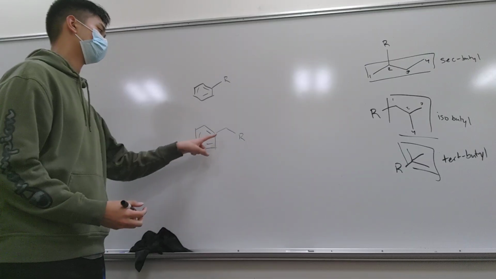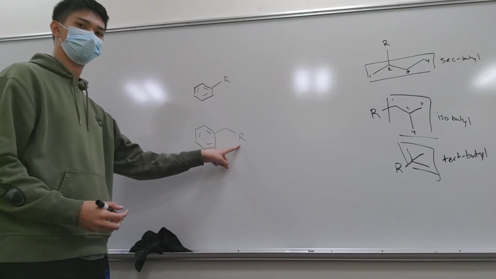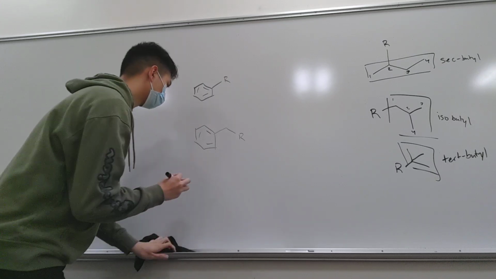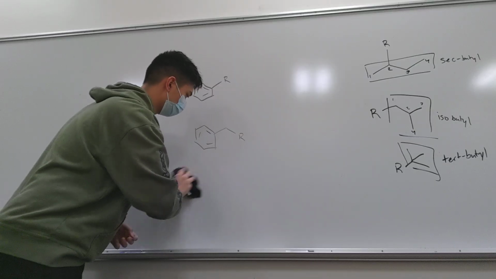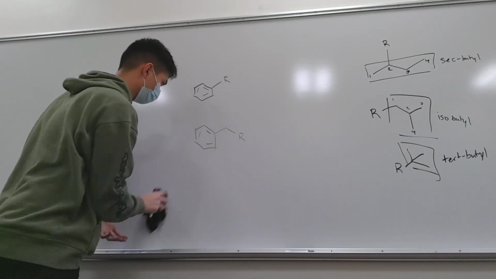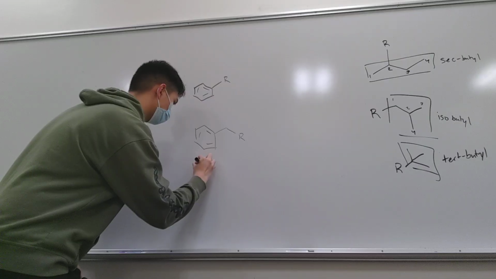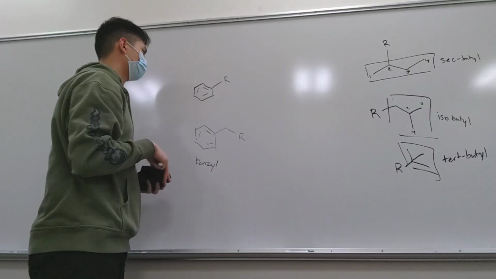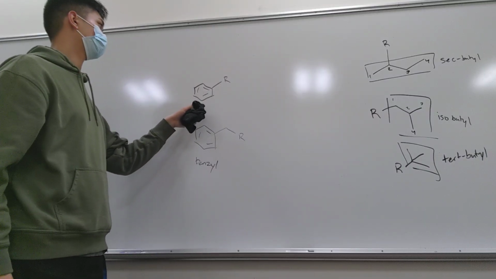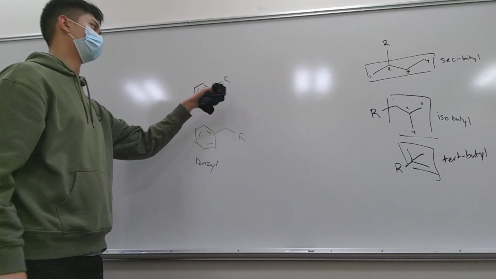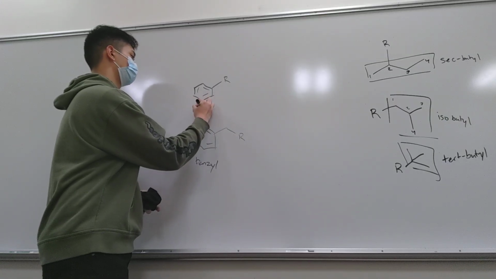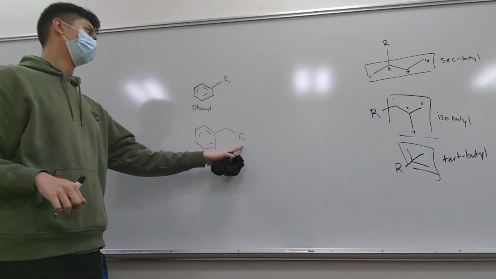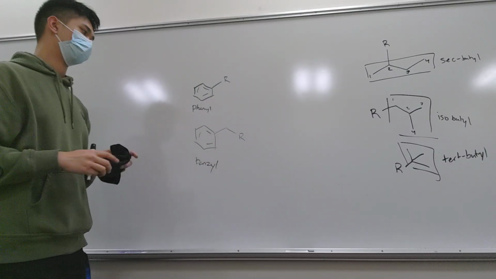However, the benzyl has one carbon and then the R group, while this phenyl contains no carbon and then just this R group. This is a phenyl. So both are aromatic; benzyl contains one carbon, then the R group. Phenyl is just directly bonded to the R group.